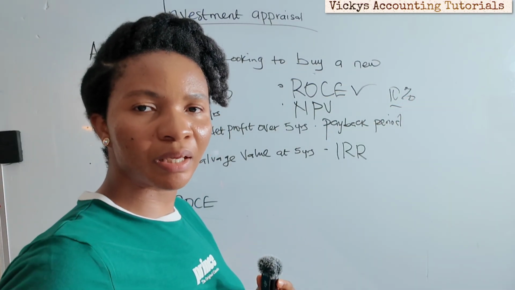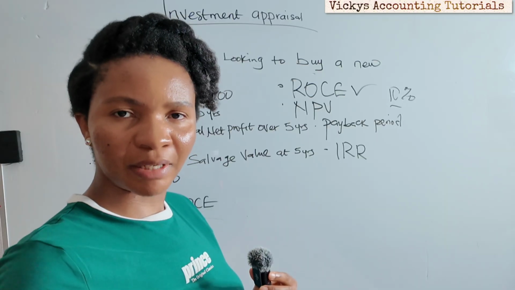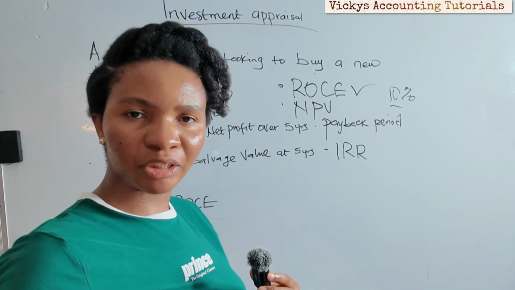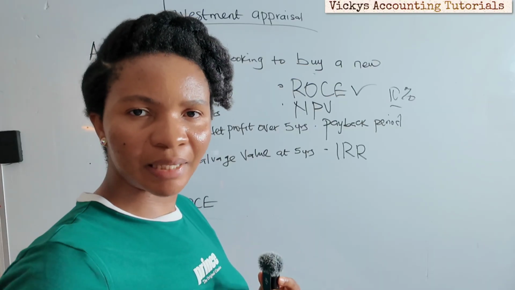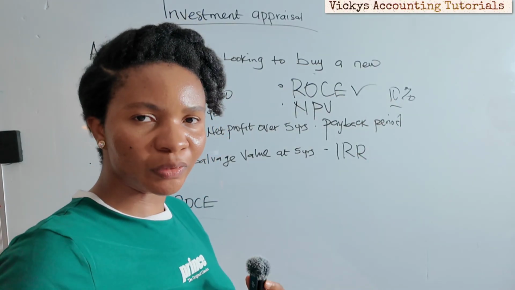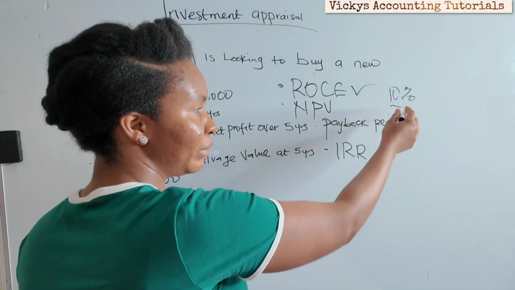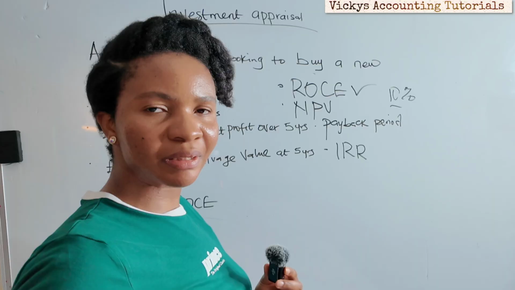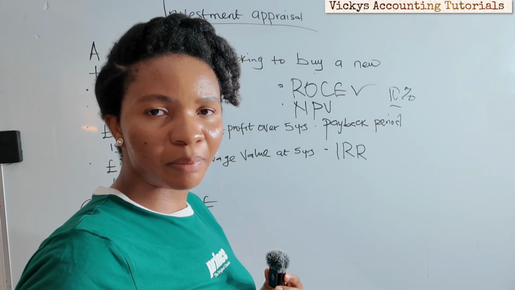So if eventually, after appraising their investments, they find out that this investment is going to actually yield about 15% profit, that will be a good investment, because the bank has charged them 10% and they invested and made a profit of 15% on top of whatever the principal is.